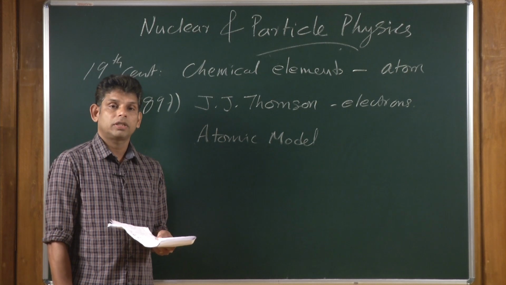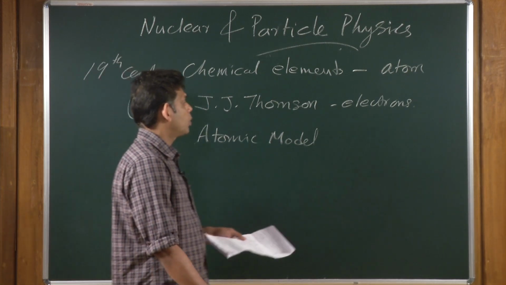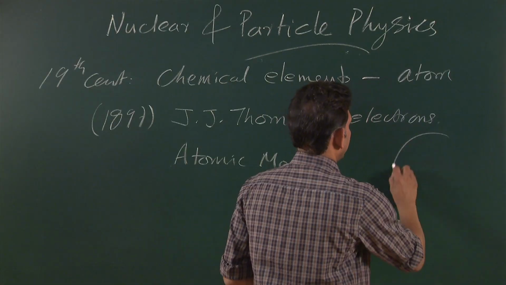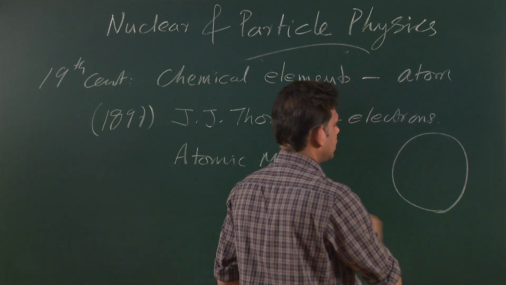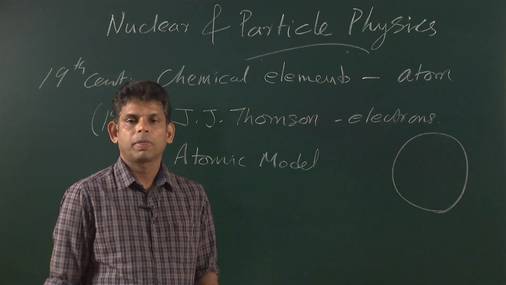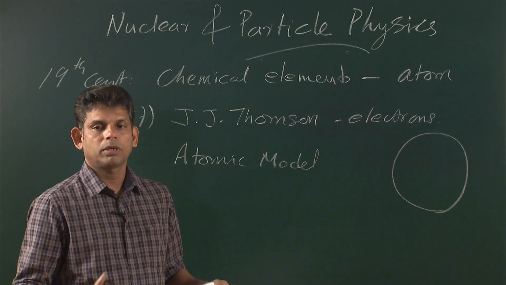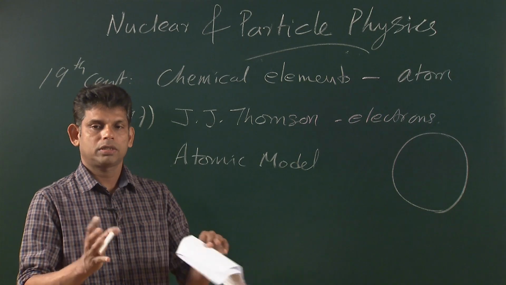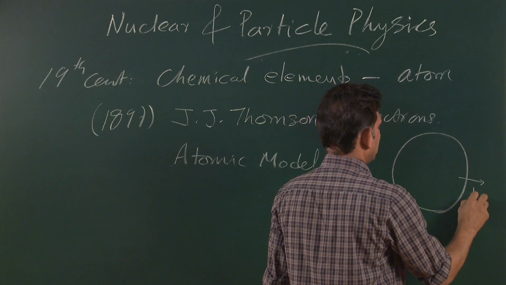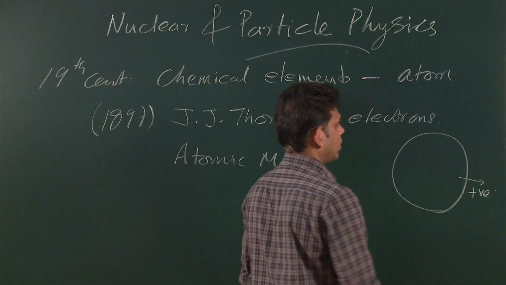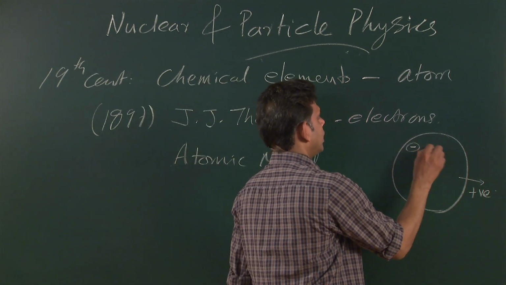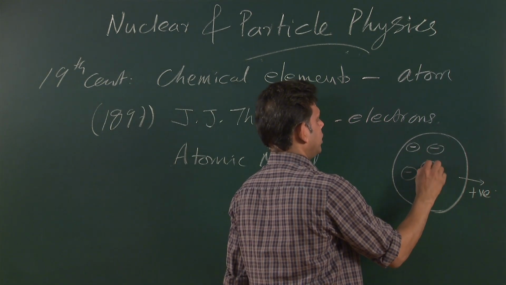They had suggested that, but it is basically mostly due to Thomson, that atom looks like a positively charged sphere, kind of somewhat uniformly distributed positive charge. So, this is a positively charged sphere with negatively charged electrons embedded in it.